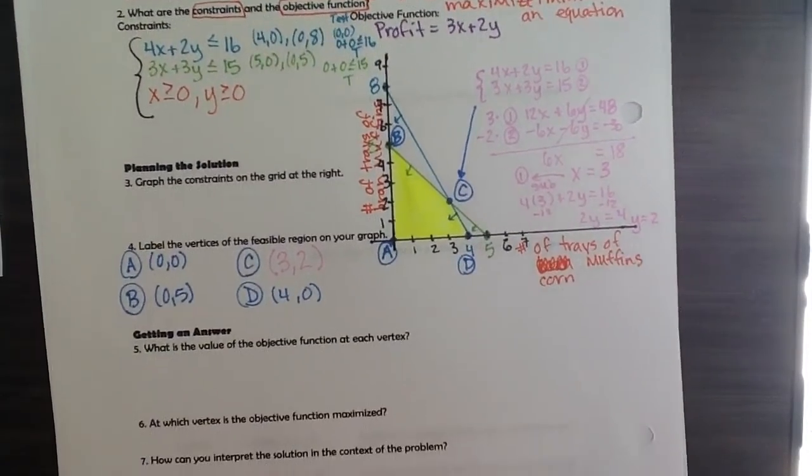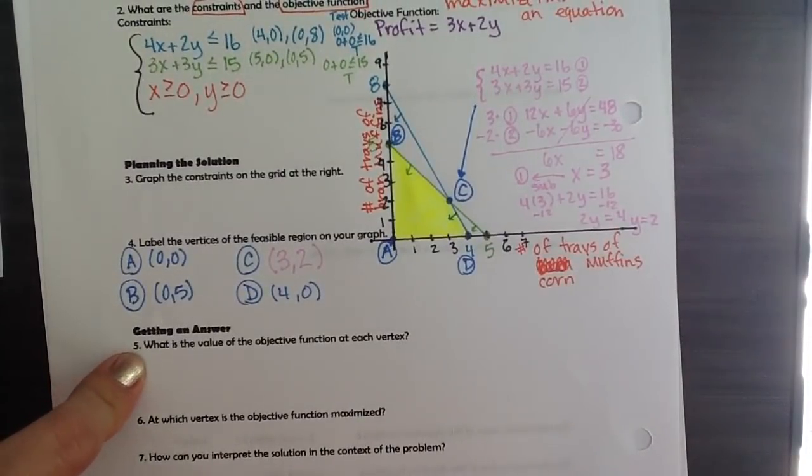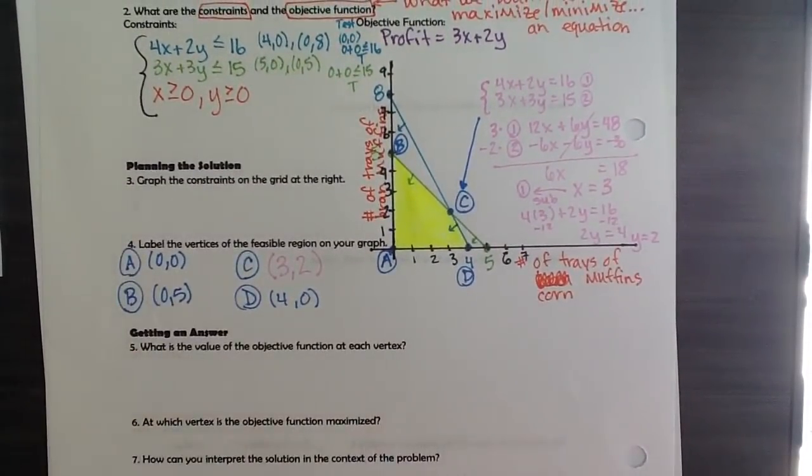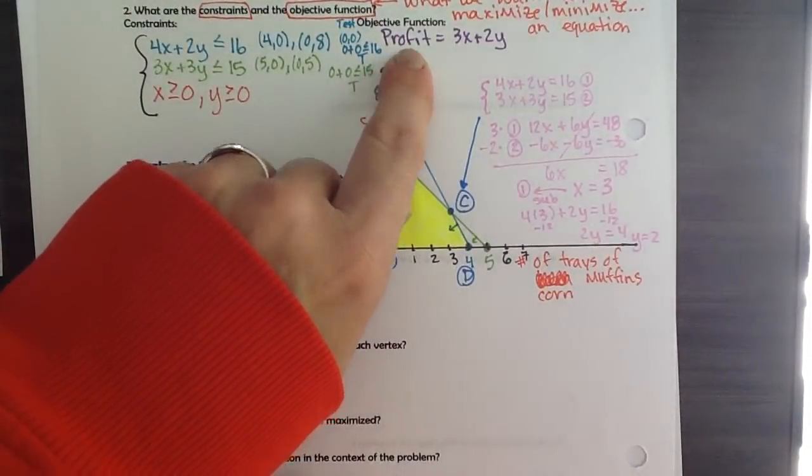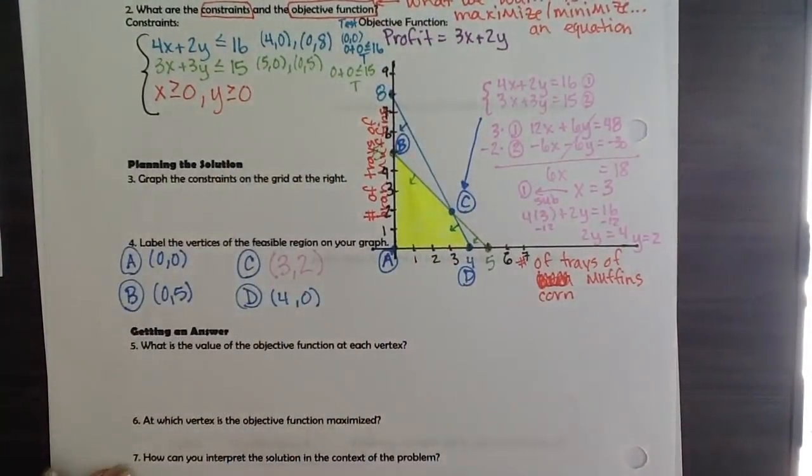On the next step, I need to figure out what is the value of the objective function at each vertex. So remember, the objective function in this problem was about profit. It's that profit equals 3 times x plus 2 times y.